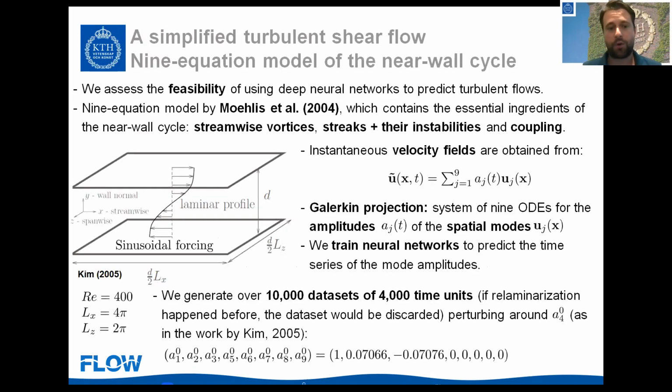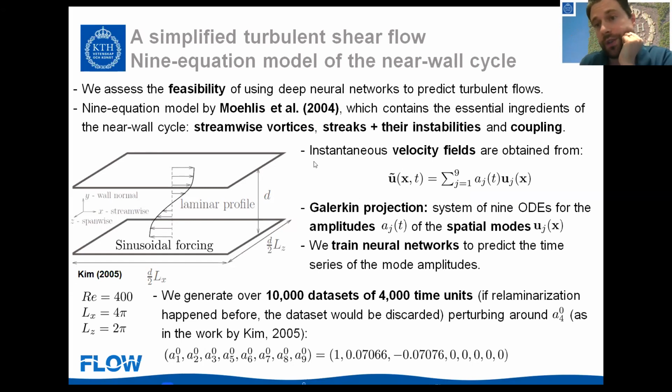And this is work where we have already published some studies using a reduced order model of the near-wall region of turbulence. This is a model developed by Moehlis and others, which basically consists of 9 spatial modes, and by predicting the temporal dependencies of these spatial modes one can reconstruct the whole flow field and get a reasonable approximation to what happens in the near-wall region of turbulence.